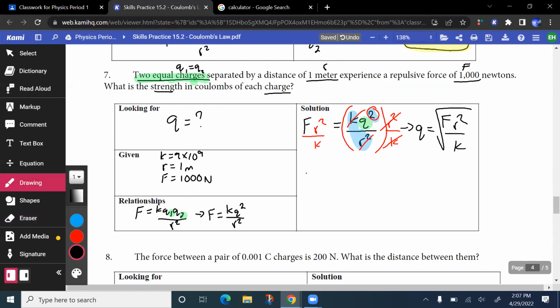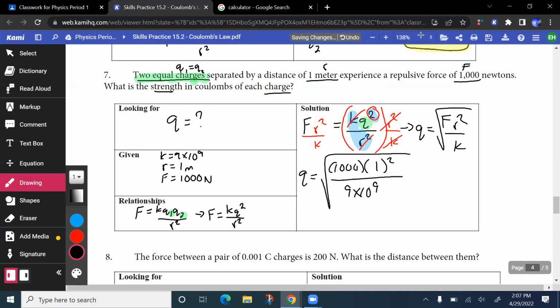Q equals. So the charge equals the square root of, now we have 1,000 newtons times the distance is 1 squared, and then divide that by our K value, 9 times 10 to the 9.